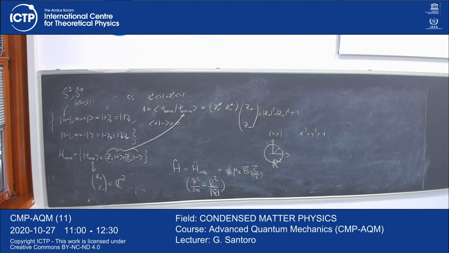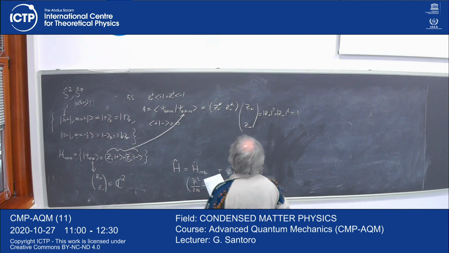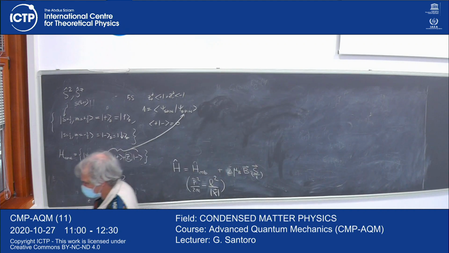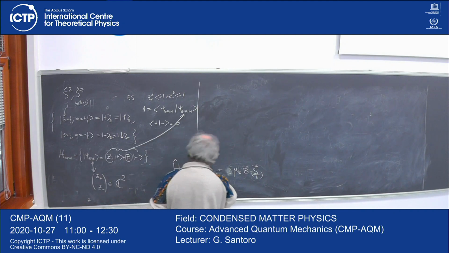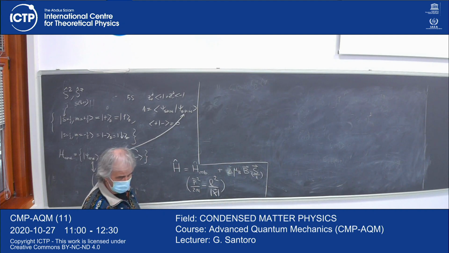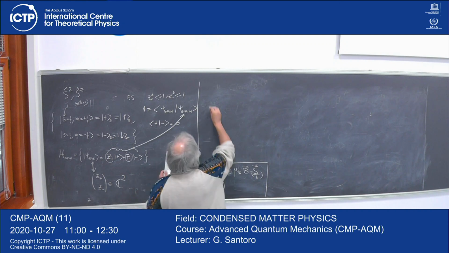Before insisting more on the spin, let me present to you something which is a bit formal, but useful and important. It is called the tensor product of Hilbert spaces. So this is something not completely trivial to digest, so please take a moment to concentrate.